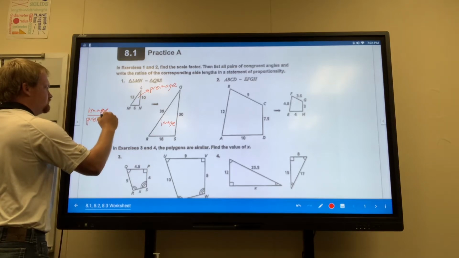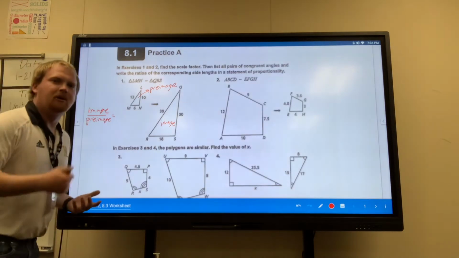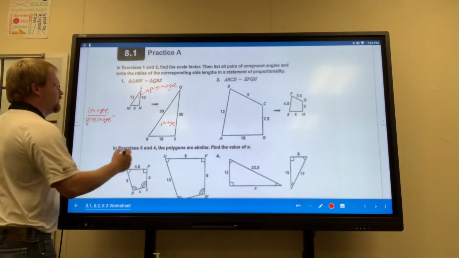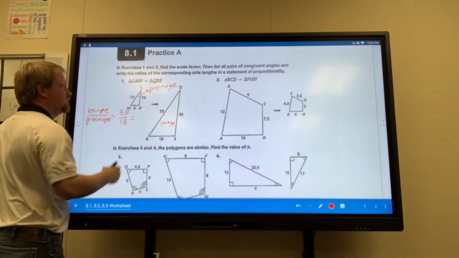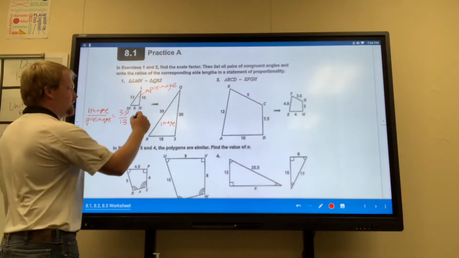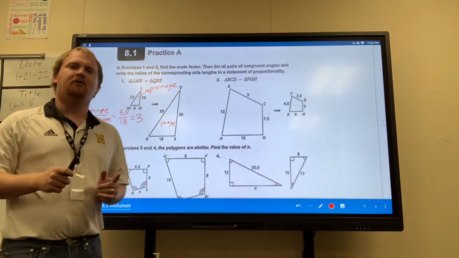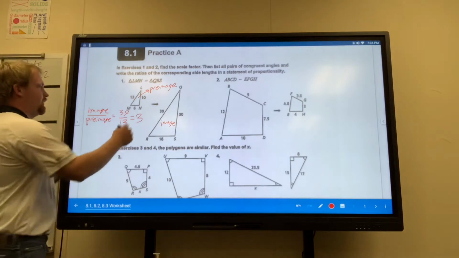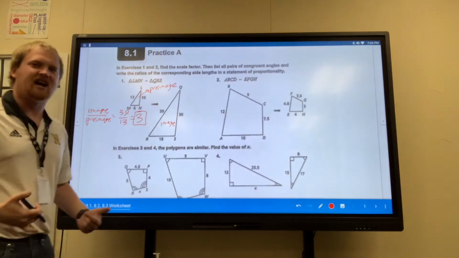In this case, it doesn't matter which side I pick, but I want to pick one side. For example, I can do 39 over 13, and if I simplify that, that gets me 3. This is my scale factor. This is basically triple. This tripled in size.